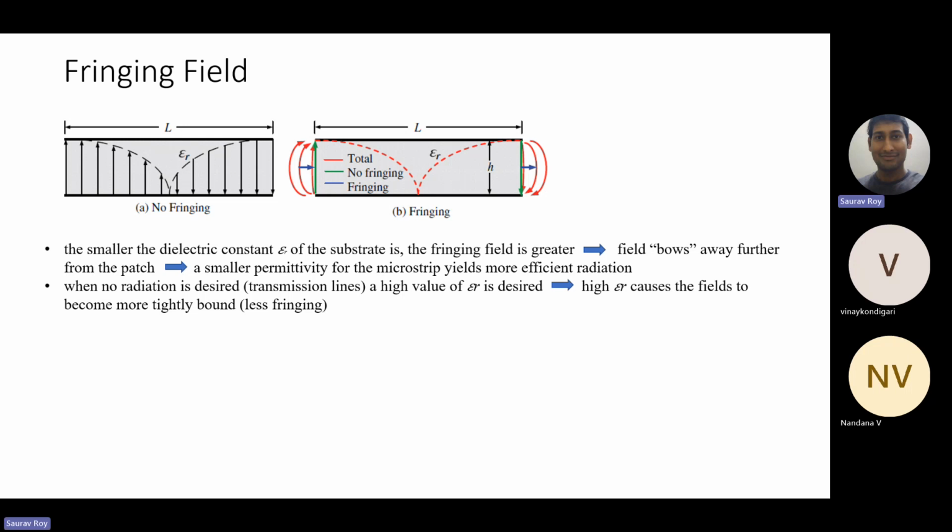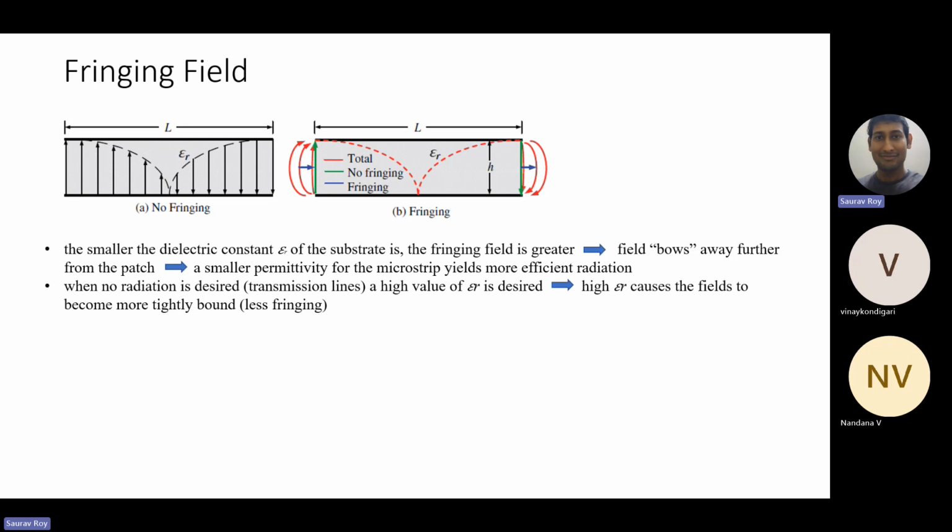Another component, which I forgot to write here, is the height of the substrate. As you reduce the height of the substrate, what happens? Obviously, the space between the ground and patch becomes less, so the electric field will be more tightly bound. That will be better for a microstrip line. But as you increase the substrate height, there will be more and more fringing happening.